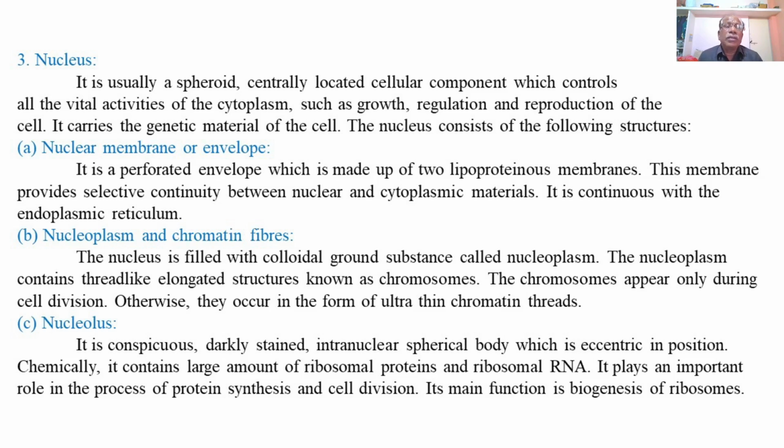Then the third important component of the nucleus is the nucleolus. The nucleolus is a conspicuous, darkly stained intranuclear spherical body which is eccentric in position, present at one side of the nucleus.